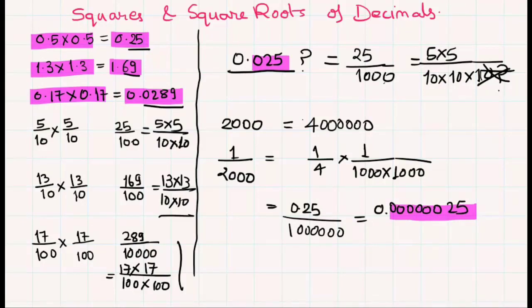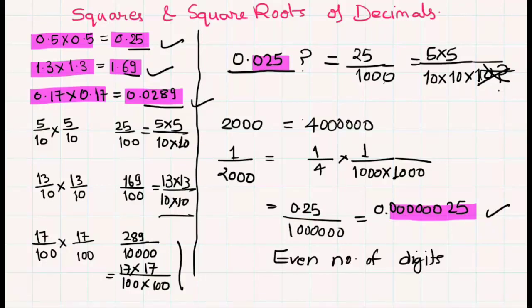This is 8. Now you must have observed that in perfect square numbers, you find an even number of digits after the decimal point. If I have an odd number of digits after the decimal point, it's not a perfect square.